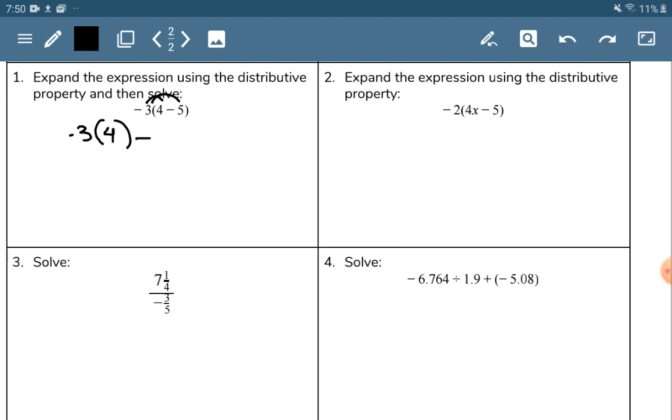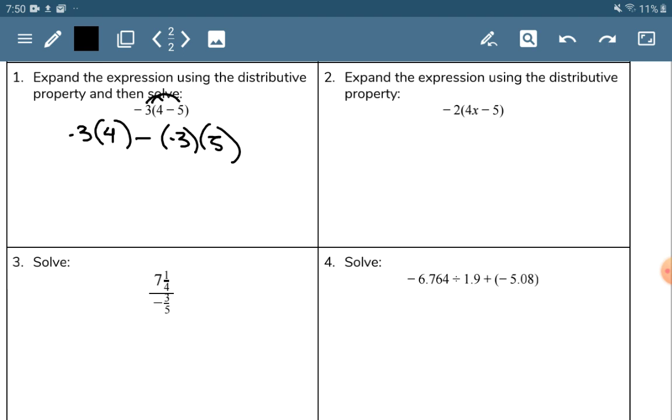Then I have my subtraction sign. And I'm also going to take -3 and multiply it by 5. That is the expanded form when you show that the outside number is being multiplied by each of the inside. So when it asks you to expand the expression, that's what you're looking for. But then the second part here is to solve. So I'm actually going to do this multiplication and continue solving.